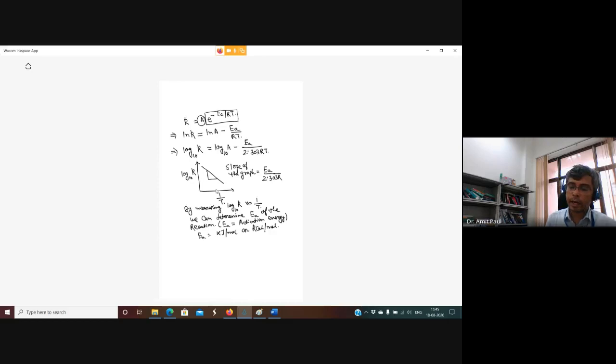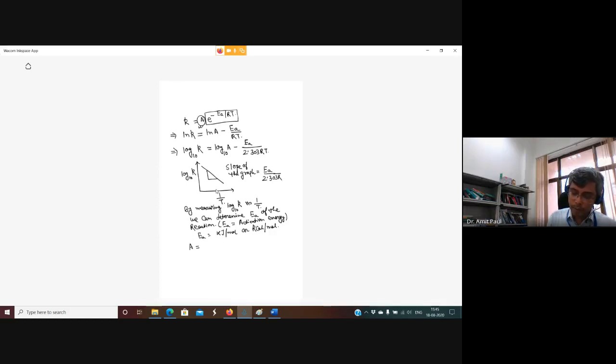It's like our life: in our life we have certain difficulty, and that difficulty is represented by the exponential term. If we don't have difficulty, then the maximum we could have achieved is the pre-exponential factor. So pre-exponential factor A represents the maximum possible rate constant.